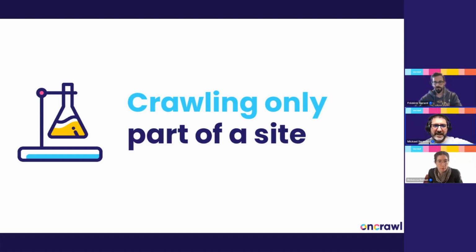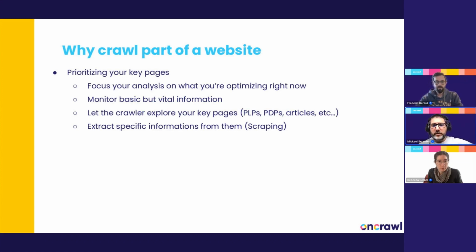Thank you, Rebecca. So yes, sometimes we want to look at just part of the website and not crawl all the structure, the whole website, every time. For example, we would like to prioritize our key pages. That's a good way to crawl only part of the website, to just focus on what we are analyzing.